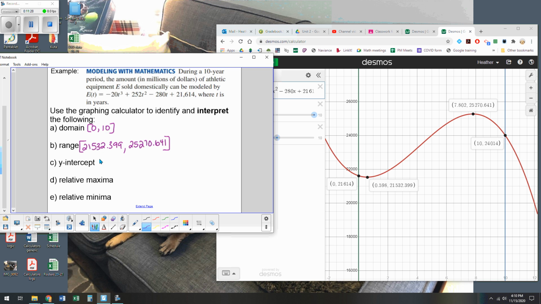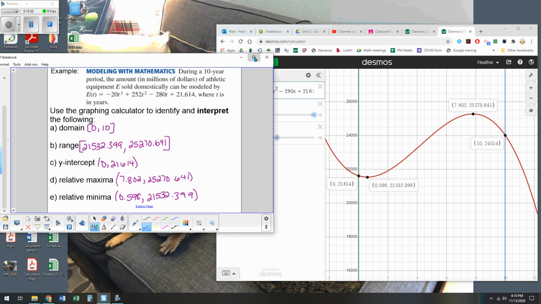My y-intercept was at (0, 21614). The relative maxima was at (7.802, 25270.641), and the relative minima was here. I put (0.598, 21532.399).